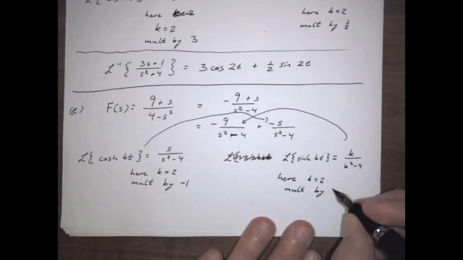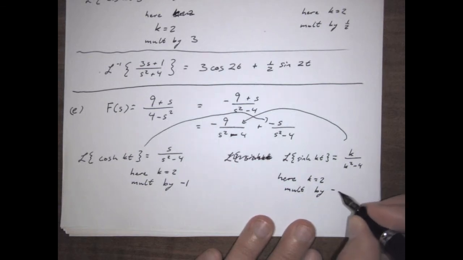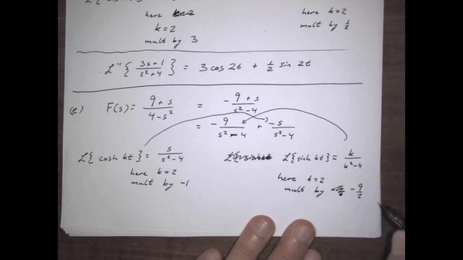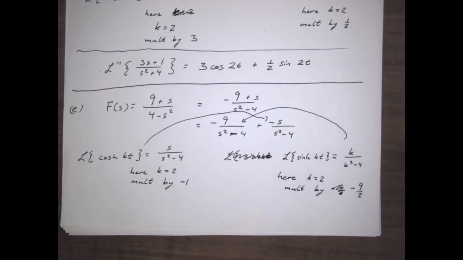We instead have a negative 9, so we'll have to multiply by negative 9 over 2 in order to get what we want.